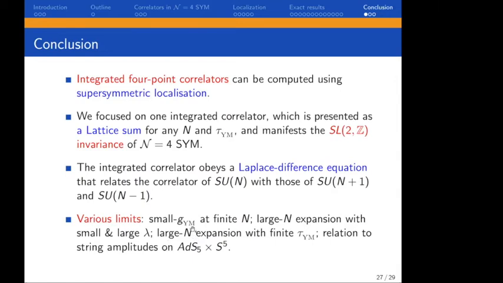Finally, I discussed the large N expansion at finite coupling, finite tau, and this result was matched with what was known in flat space, matching with the string amplitudes on AdS5 cross S5.